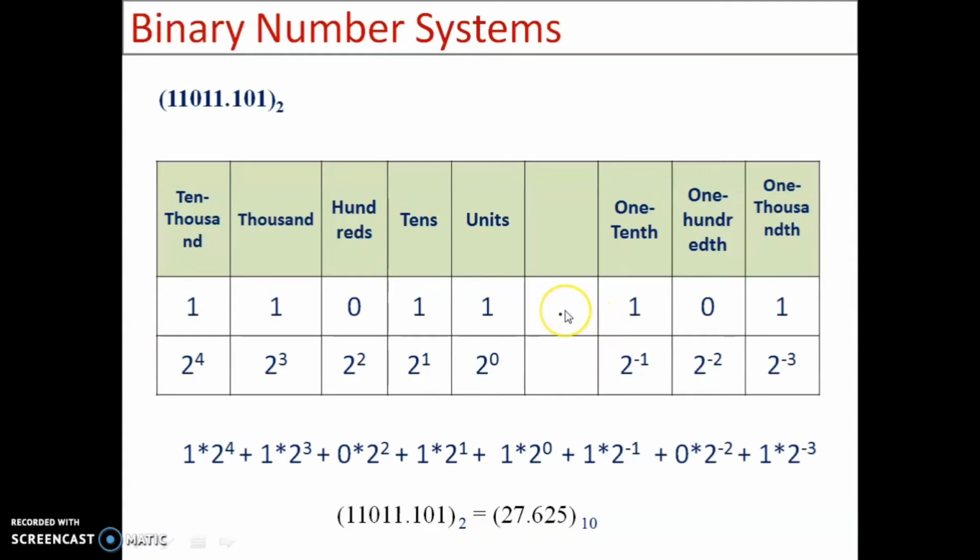And these numbers after this decimal point are expressed as -1th place, -2th place, -3rd place like this. And these are expressed as powers of 2. Here you can see that the sum of the product of each digit with its positional value is done.